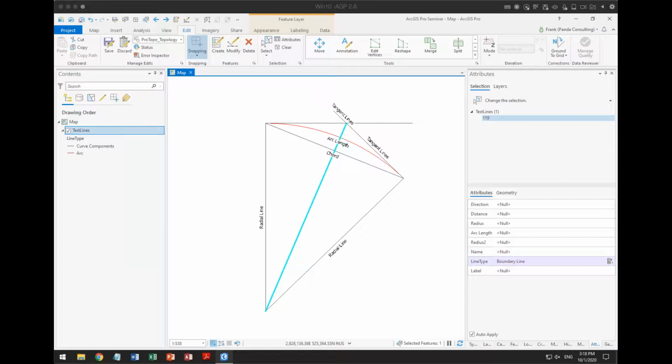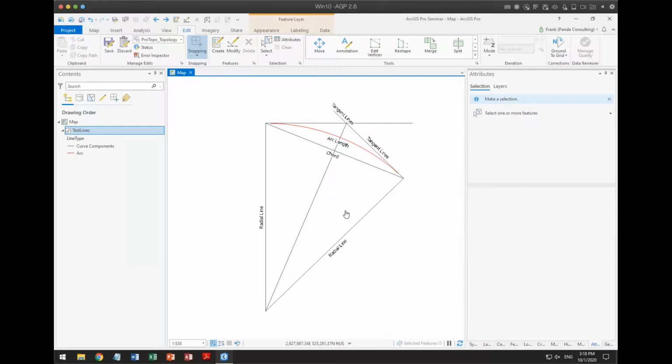Right now, what you see on the screen is the basic components of a curve. And what we're going to do is talk about how you can build on those components and make them into additional, more and more complex curves. This is usually how a simple curve is defined, just those elements in here.